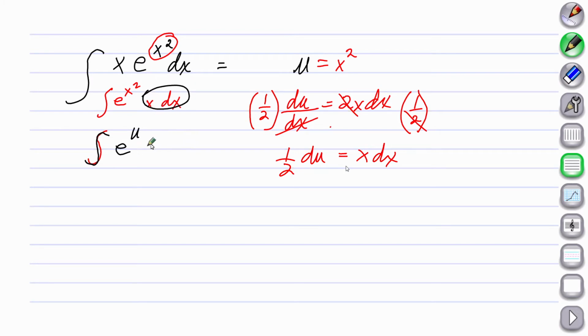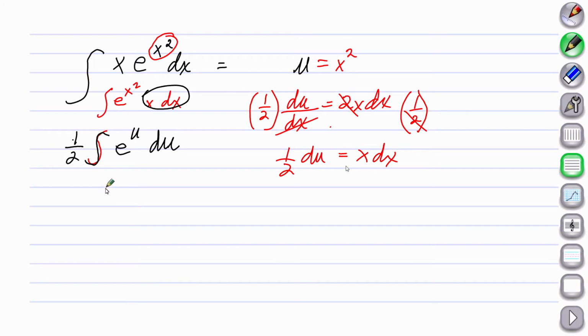But a lot of times, save yourself a little bit of work: if we put the 1/2 du right here, I can move that 1/2 out of there so it doesn't look so clumsy. So I'll put the half in front like that. When I write it down, I usually write 1/2 on the outside and du on the inside. Now it matches up with what I want to have in here. x dx is my du, and the half is outside, and then e to the u.